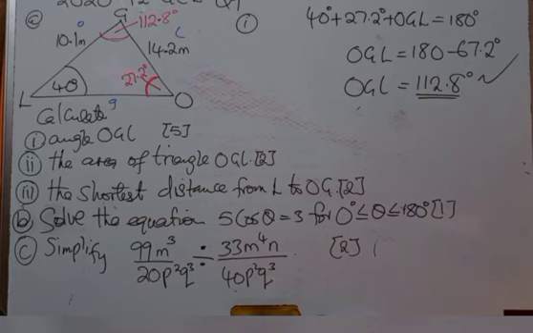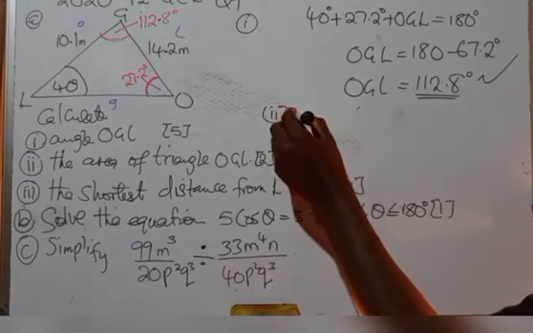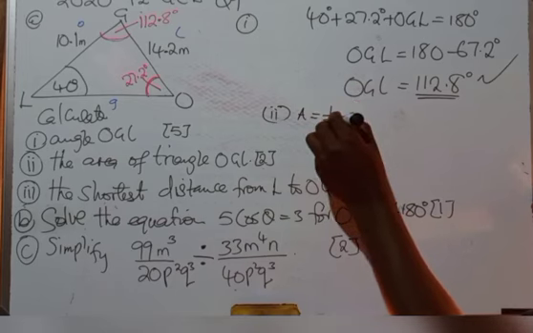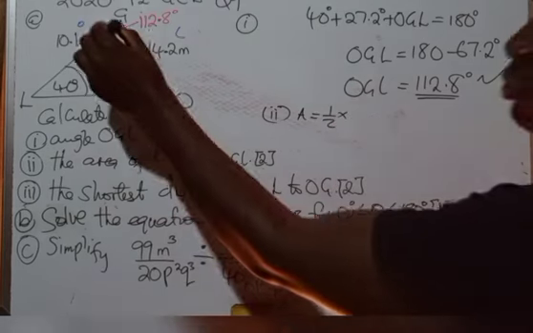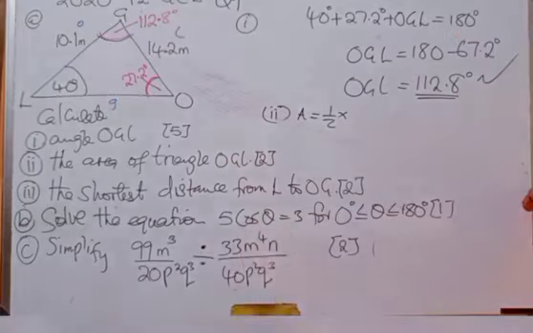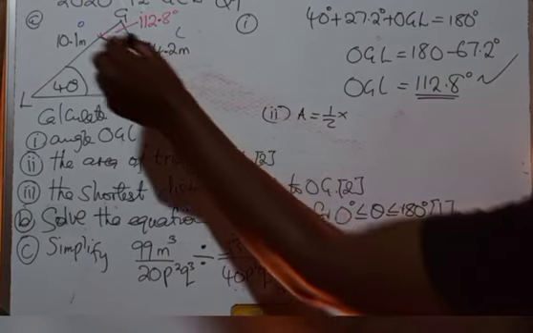So to find the area, the area is equal to 1/2 multiplied by, we are going to use this angle here because it has these two other sides. The arms are known. What is that side?